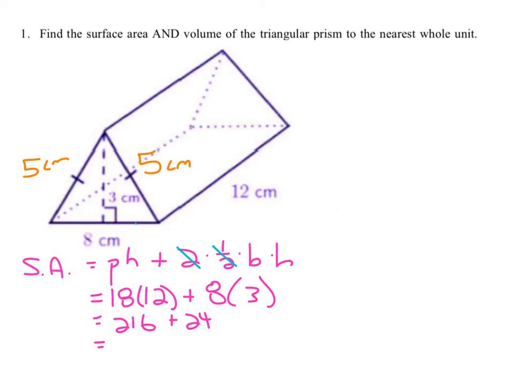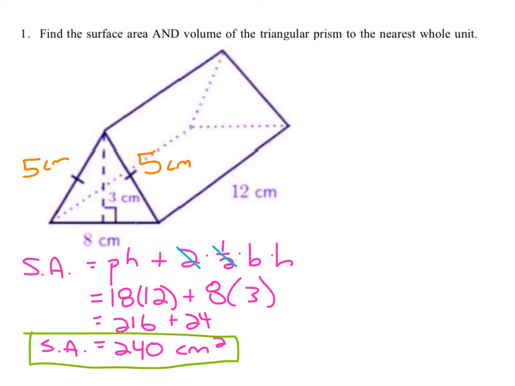And 216 plus 24 is 240. And since it's surface area, it's going to be units squared. So the total surface area is 240 centimeters squared. And I'm going to box that. And that one's done. Okay, this one we had to calculate something. It took a couple minutes.